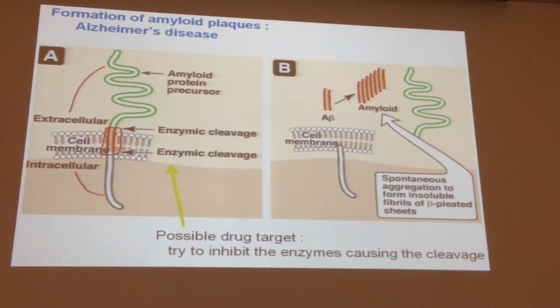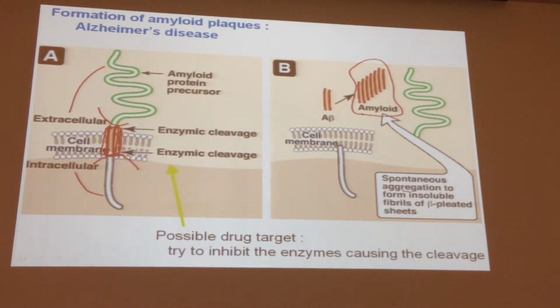And if it cuts off these two sides, then it can produce this small nonpolar peptide, this fragment, which is the nonpolar part that just sticks in the membrane bilayer. And those that will aggregate with each other, nonpolar objects aggregating, come together and make this beta sheet, which is called this amyloid deposit.